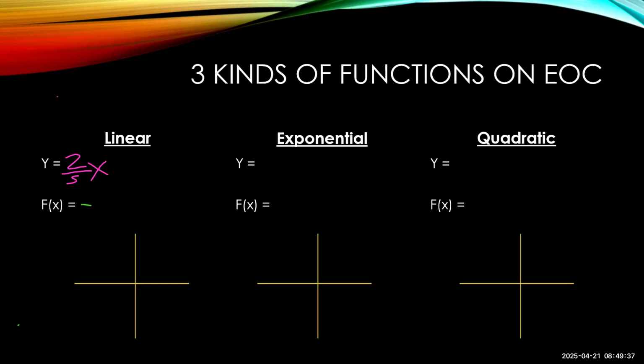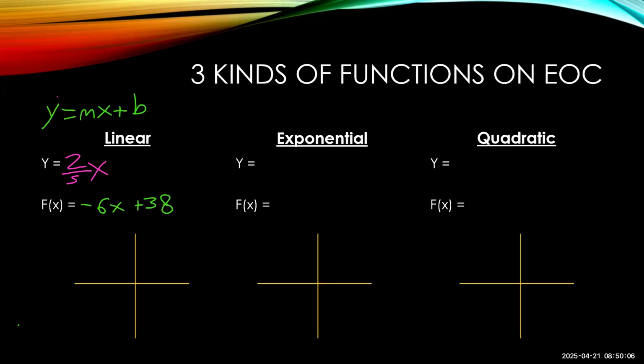I heard 6x and I'll put plus 38. There we go. Now, linear functions are in the form y equals mx plus b usually. We can change the form around, but the key is that they have an x, they have a slope. What is the exponent of the x? Always 1.